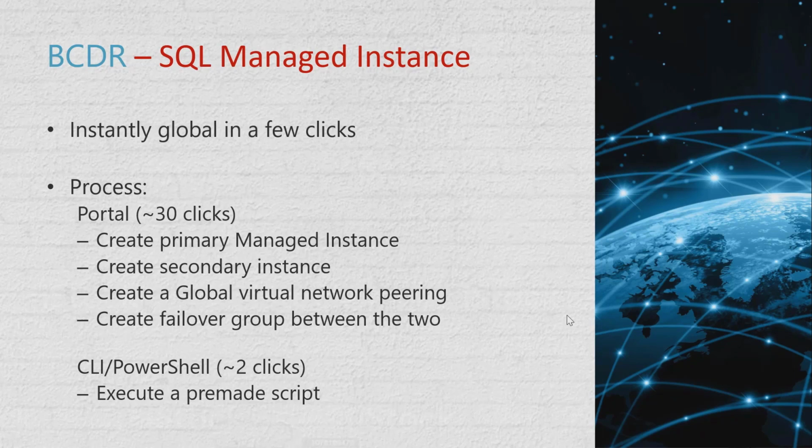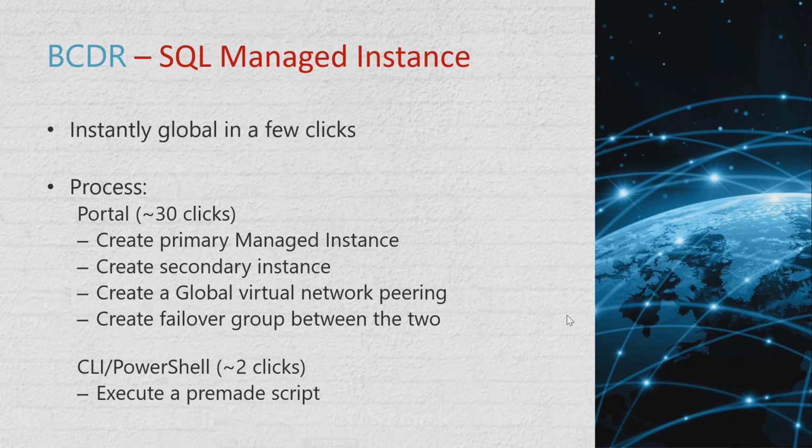So how does that really look with managed instance? You can basically, in a few clicks, be global. The whole process, if you go through the portal, takes about 30 clicks, give or take.